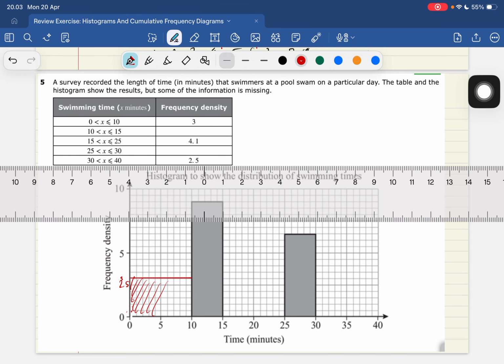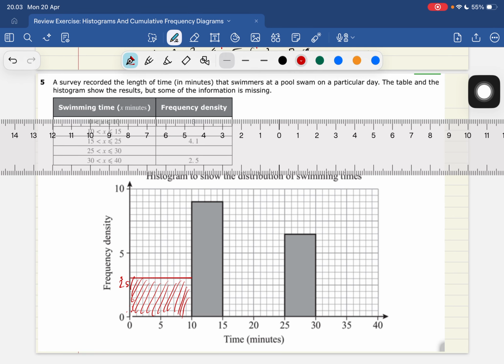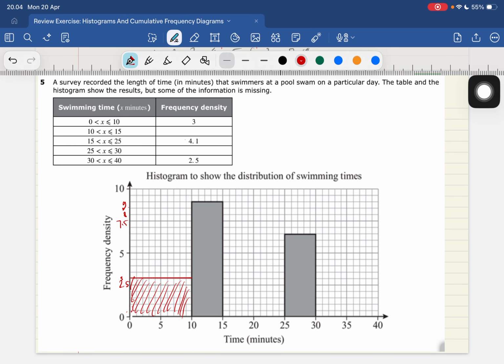Here 0 to 10, the frequency density equal to 3. 10 to 15, the frequency density, if this is 5, this is 7.5, 8, 8.5, this is 9. So frequency density equal to 9.